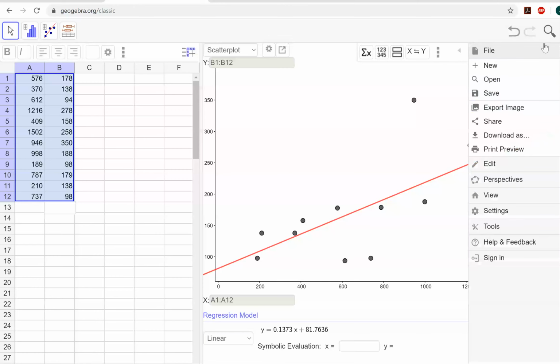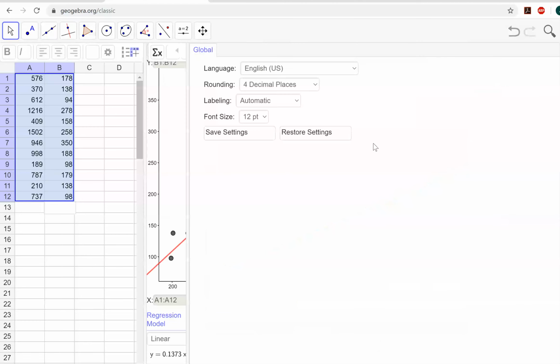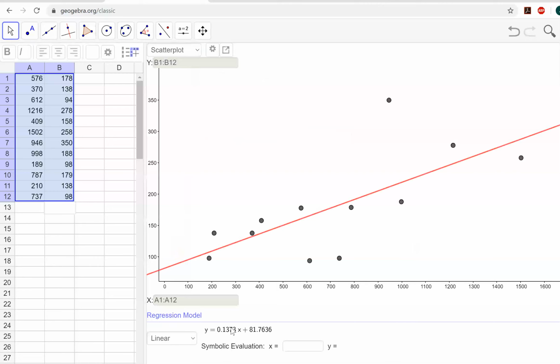So if you hit those 3 horizontal lines and then go down to settings, you can see rounding, and changing that to 4 decimal places will help a lot. I believe I showed this in a previous video, but I set that and then I saved my settings. So now whenever I open up GeoGebra on my computer, it always does it. But if you set that to 4 decimal places, then you'll see enough information here. So there's our equation of the line.